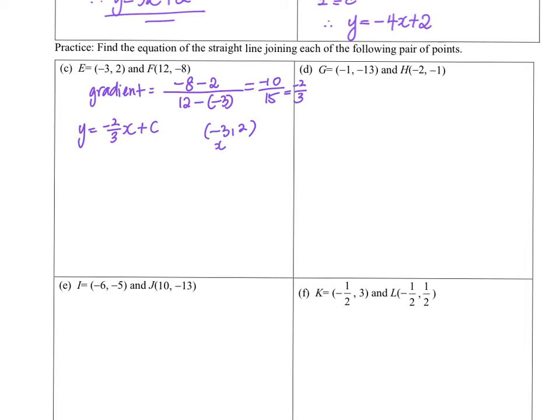So I'll choose x to be negative 3, y to be 2. And I get 2 equals 2 plus c. Therefore, the y-intercept is 0. So my equation will be y equals negative 2 over 3x.